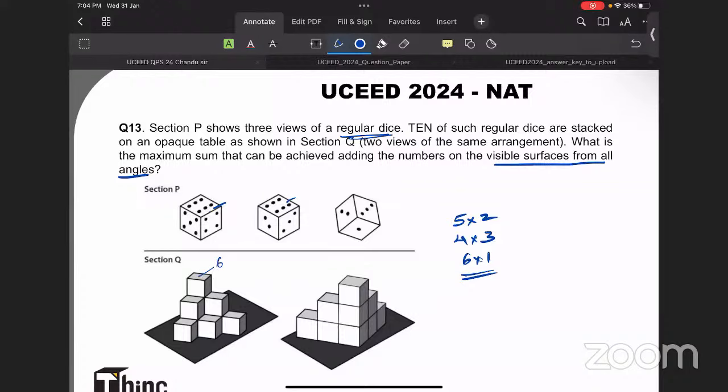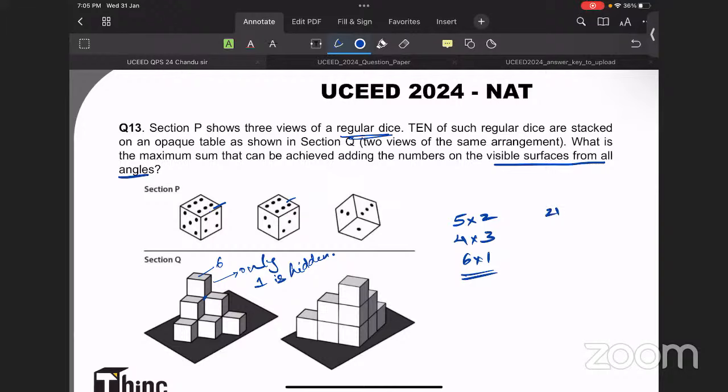If I put 6 here, 1 will be going out. Actually, in that particular dice, this is the first one, only 1 is hidden. What is the sum? 7, 14, 21.